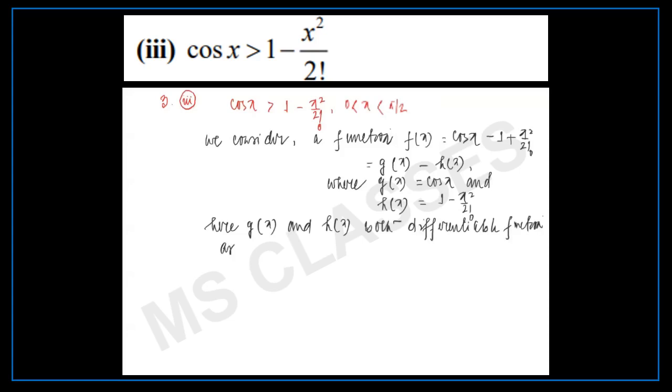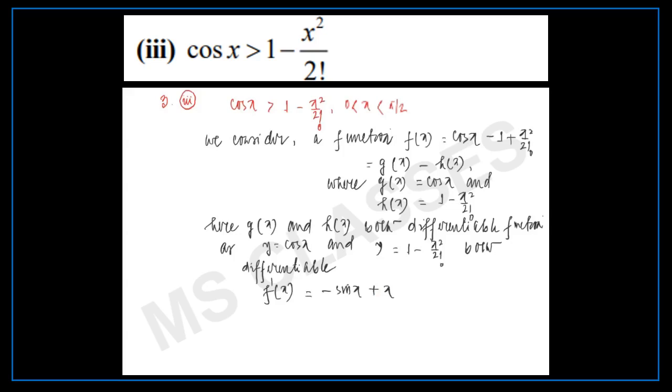As y equal to cos x and y equal to 1 minus x square by 2 factorial are both differentiable, because one is cos function and the other is quadratic. Now from that we find f dash x. So minus sin x plus x.